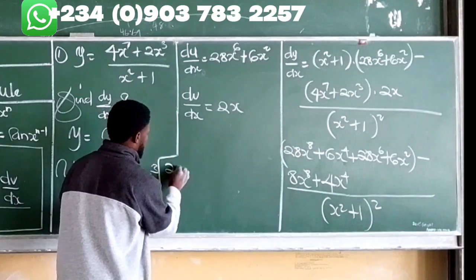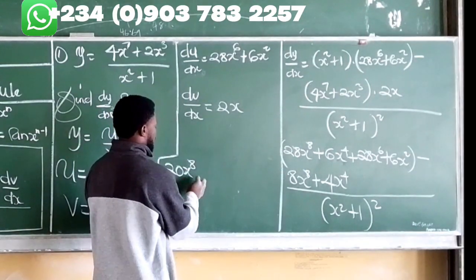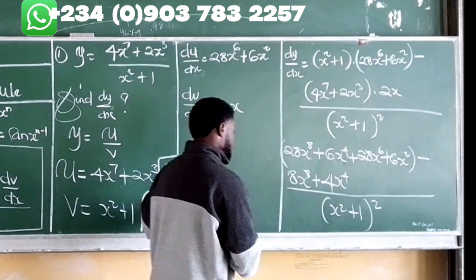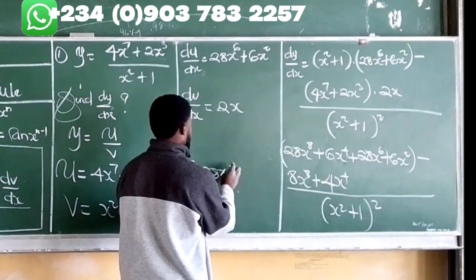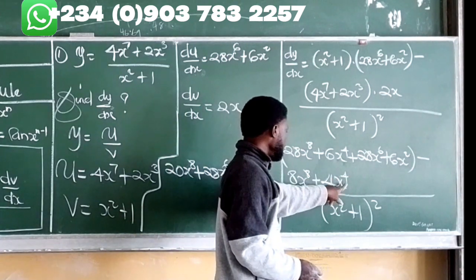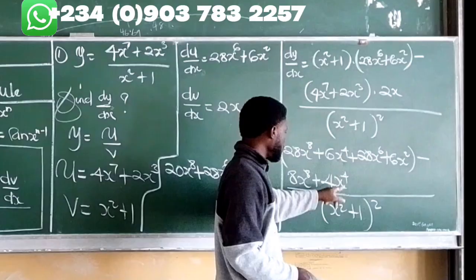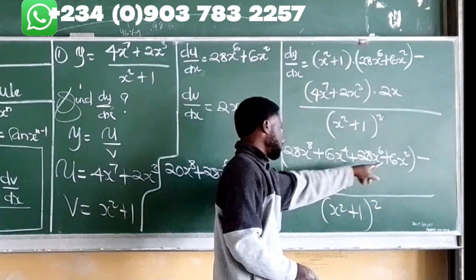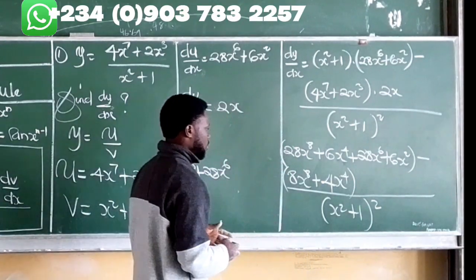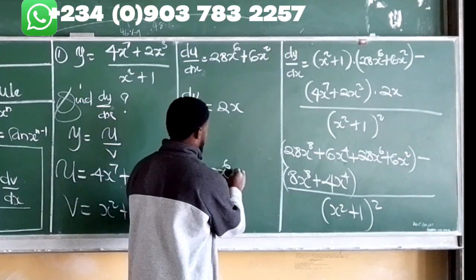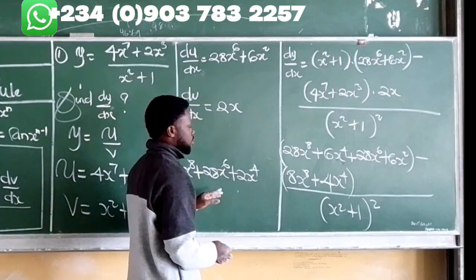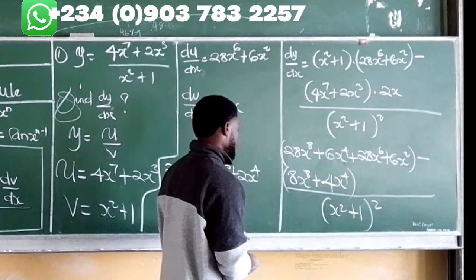So we have 20x raised to the power of 8 plus 28x raised to the power of 6, then this is x raised to the power of 4, this is x raised to the power of 4, so 6x raised to the power of 4 minus, the minus is affecting these two, minus 4x raised to the power of 4, that will yield plus 2x raised to the power of 4, then plus 6x squared.